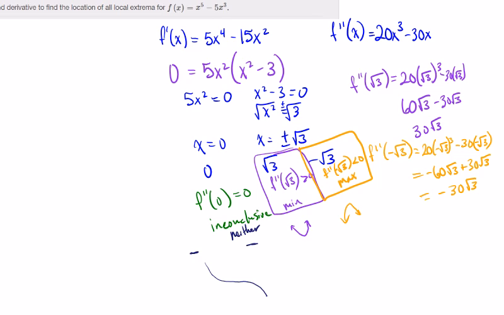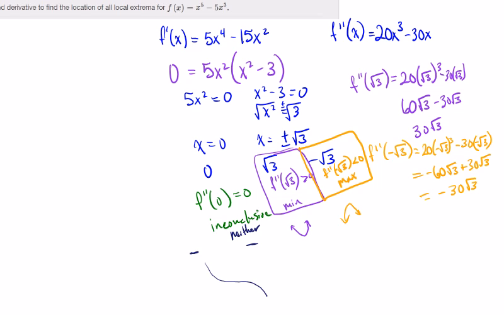All right. So the second derivative is nice because you can just plug in the points and you don't have to show all this work. You just see if it's positive or negative, rather than finding all the intervals and then finding the sign of the derivative between those intervals. But use whatever method you like.